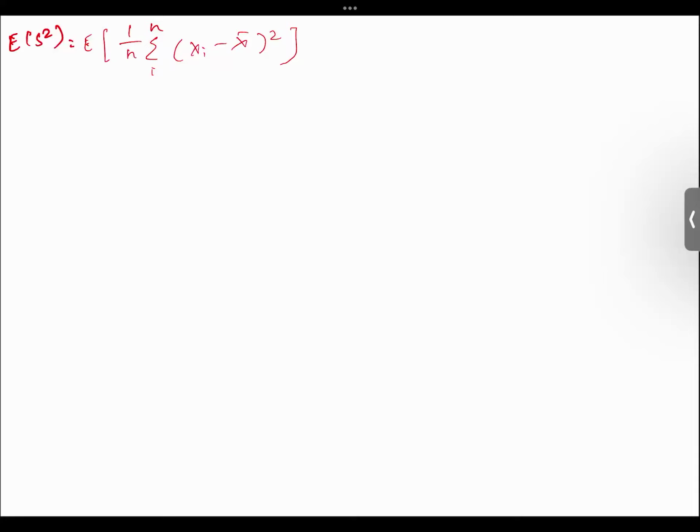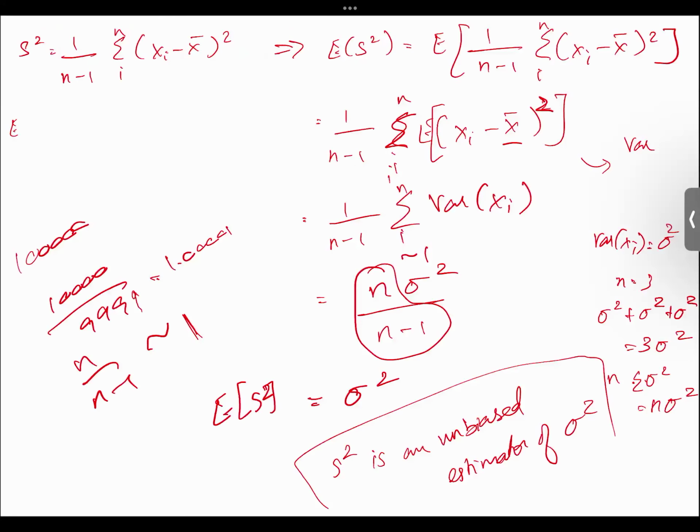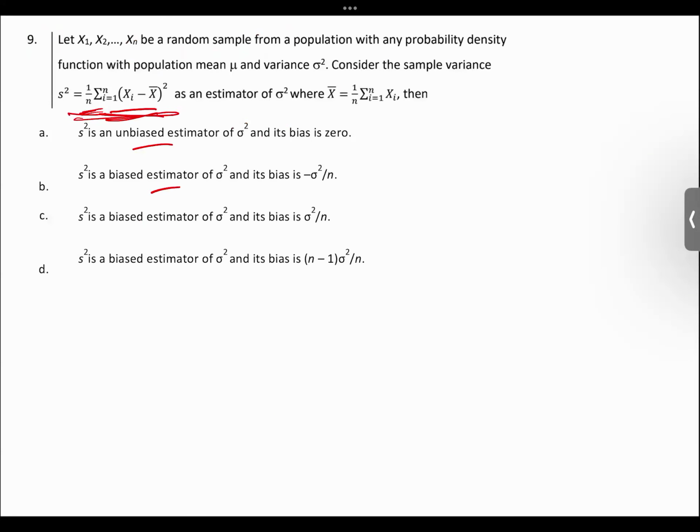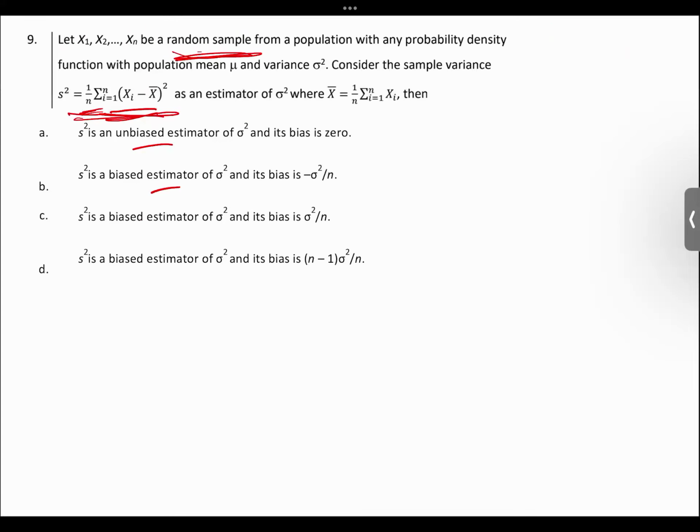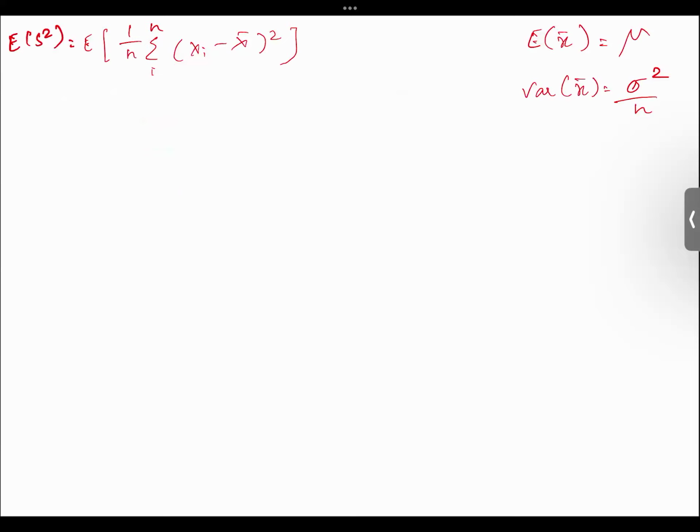Now what you can do here is, in a randomly sampled population, the expectation of x bar is equal to mu and the variance of x bar is equal to sigma square by n, in any randomly sampled distribution. Let's just keep this in mind.